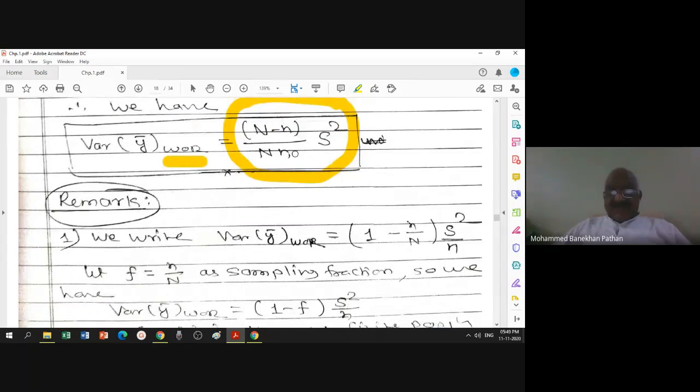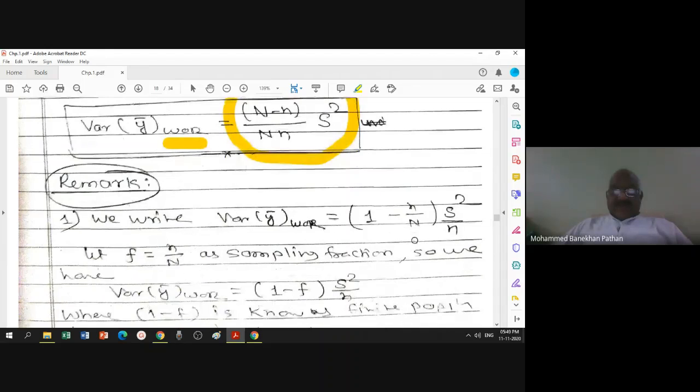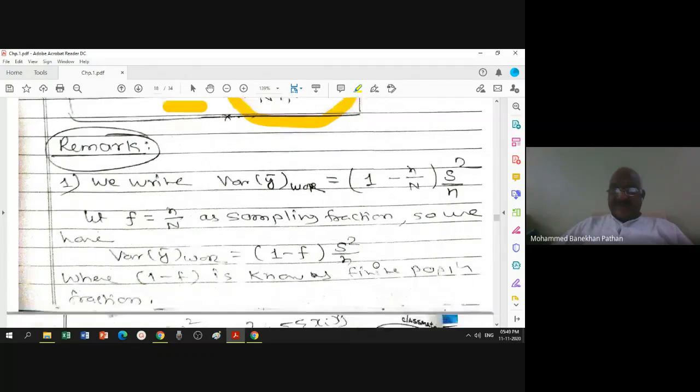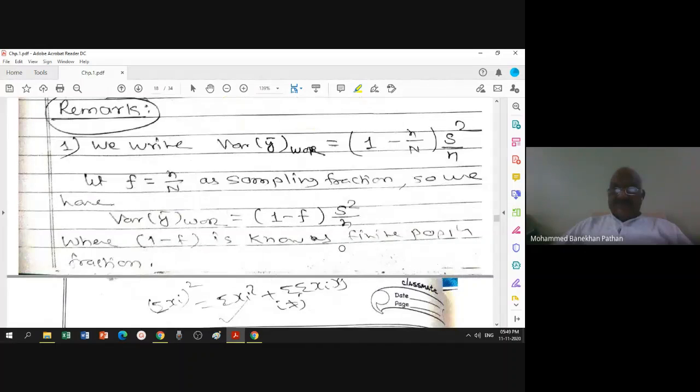This expression can be simplified like this: S square by small n and this divided by capital N. Capital N by capital N is 1 minus small n divided by capital N. Let f be a correction factor called the sampling fraction, n upon N. So this is (1 minus f) S square by n, where 1 minus f is known as the finite population correction.